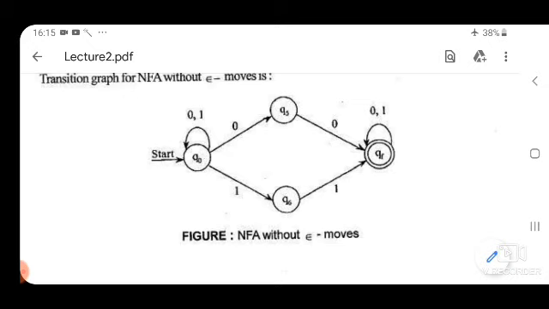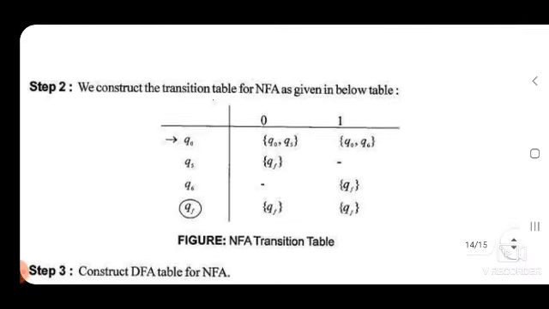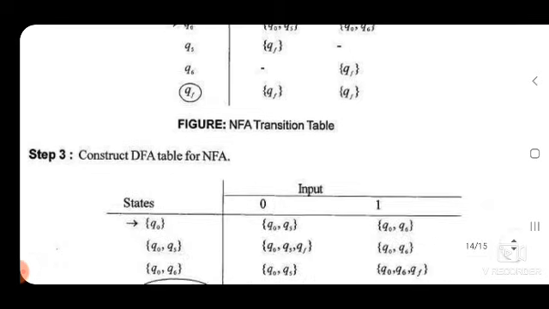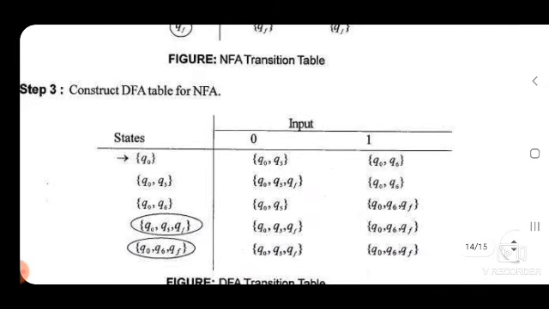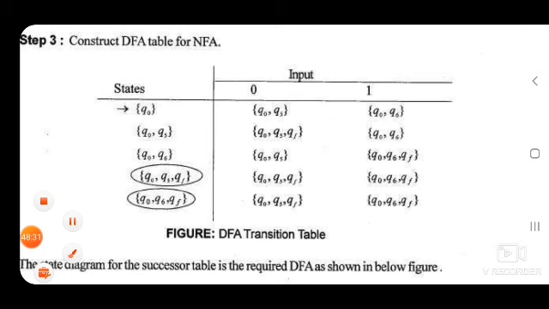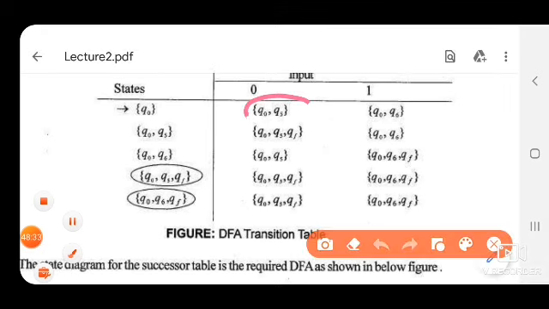So we have to convert this NFA into a DFA. Okay. So how to convert NFA into DFA? This concept you have also studied in unit 1. Okay. So this is the transition table for NFA, and here we have converted it into DFA. So in DFA this whole set of states represents a single state. Okay.